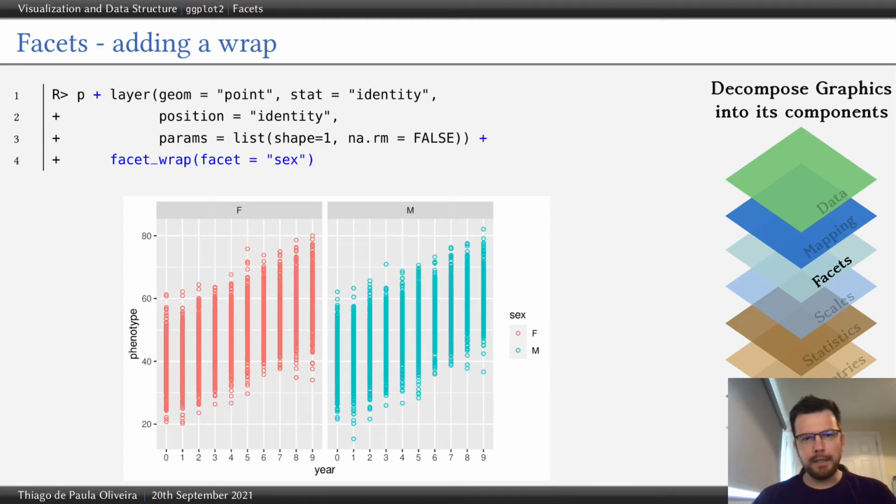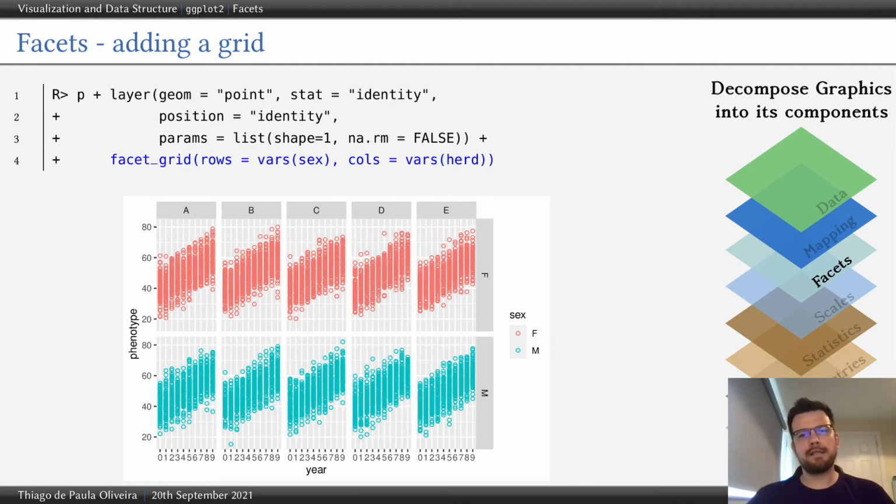We are including a layer with point as geometry and splitting the phenotype given the sex of the animal by using facet_wrap. In the facet_wrap function, the facets argument is equal to the variable that we want to split, in this case sex.